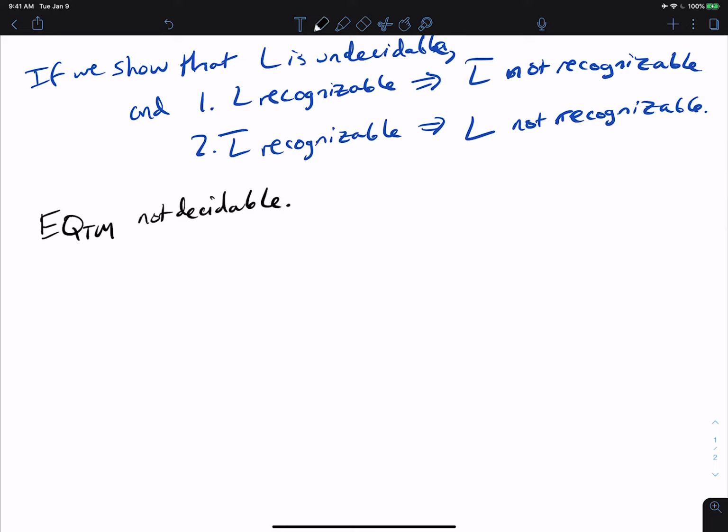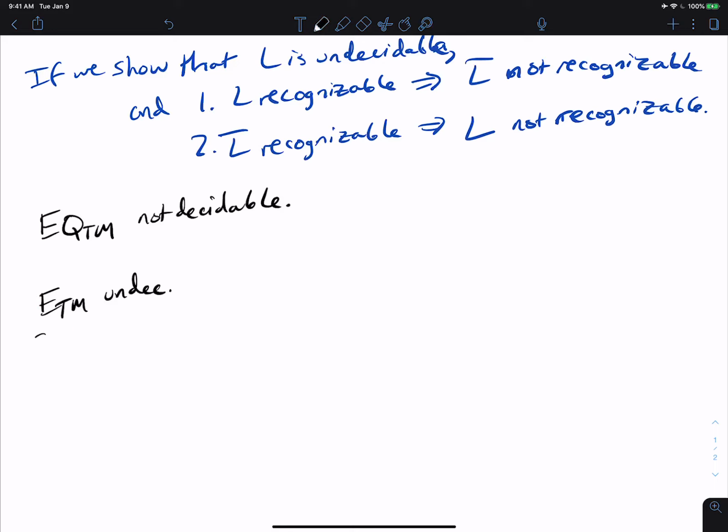We can use a similar technique here. We showed that ETM is undecidable, and so that would imply that either ETM is not recognizable, or its complement is not recognizable, or both.